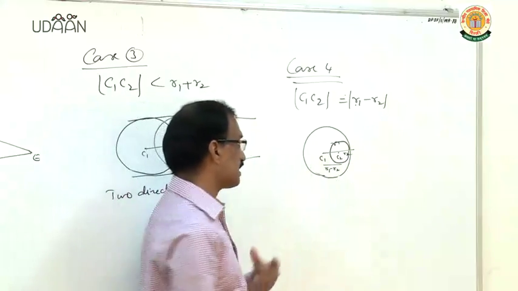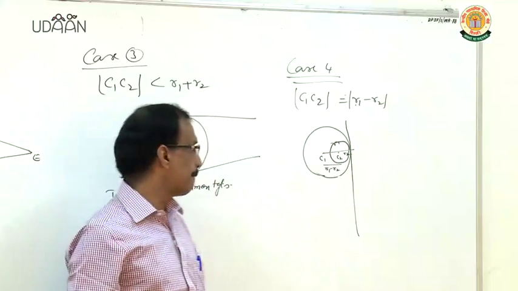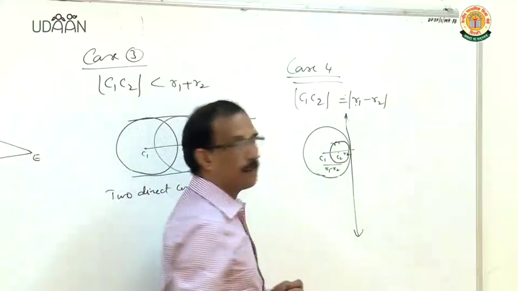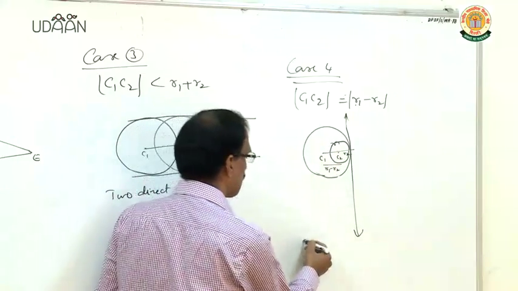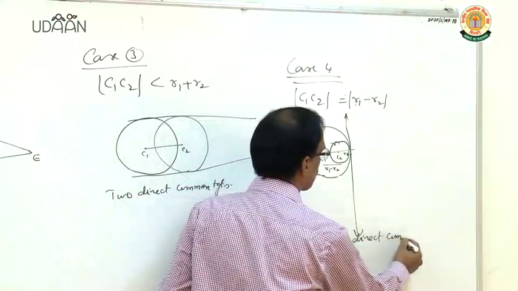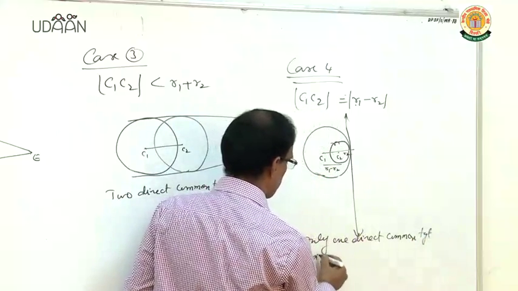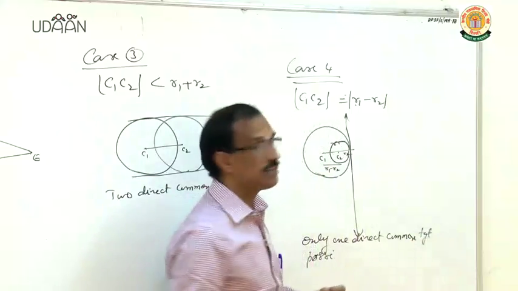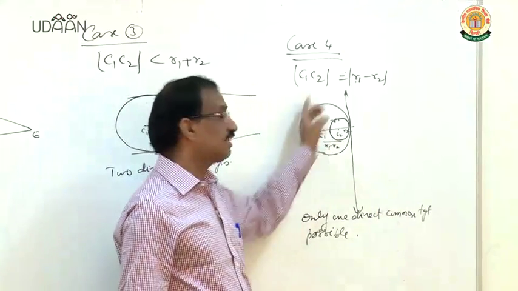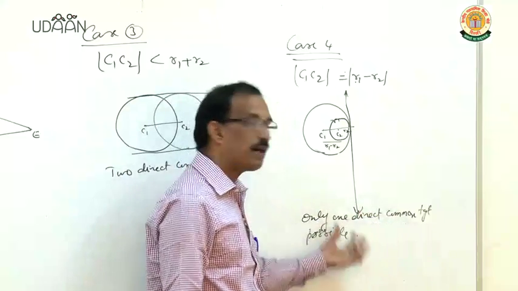If this is R1 minus R2, then the circles touch internally. Then we get only one common tangent, that is, only one direct common tangent is possible. All other tangents are imaginary. So in this case the circles are touching internally, and only one direct common tangent is possible.